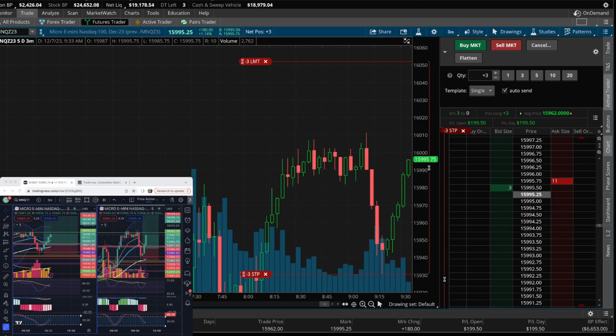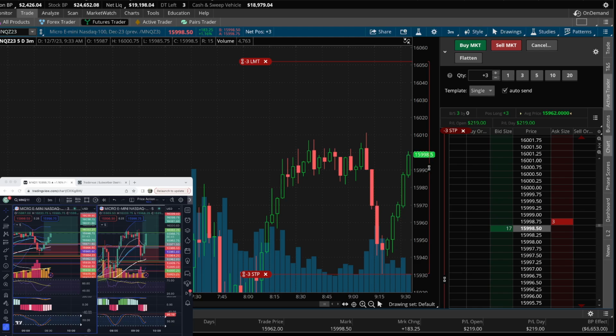I haven't done a tremendous amount of testing on fair value gaps, but from what I have back tested so far, I really like the 4 hour fair value gaps. I'm not a huge fan of them in terms of shorter time frames.